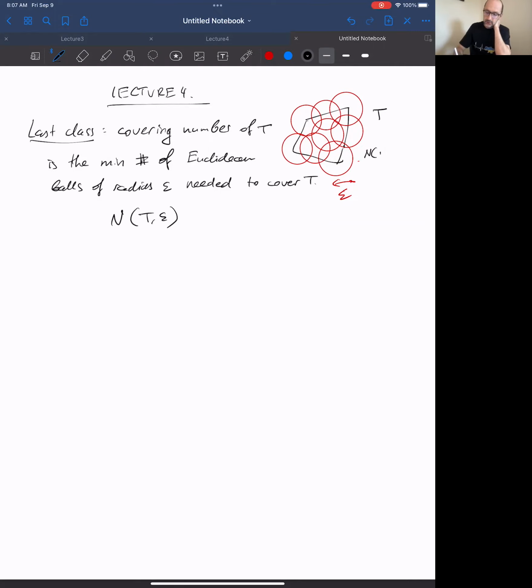In this case, N(T, epsilon) is definitely, well, we were able to cover it 1, 2, 3, 4, 5, 6, 7, 8 by 8 balls. And I put this inequality because maybe there is a better covering. Maybe there is a covering with 7.